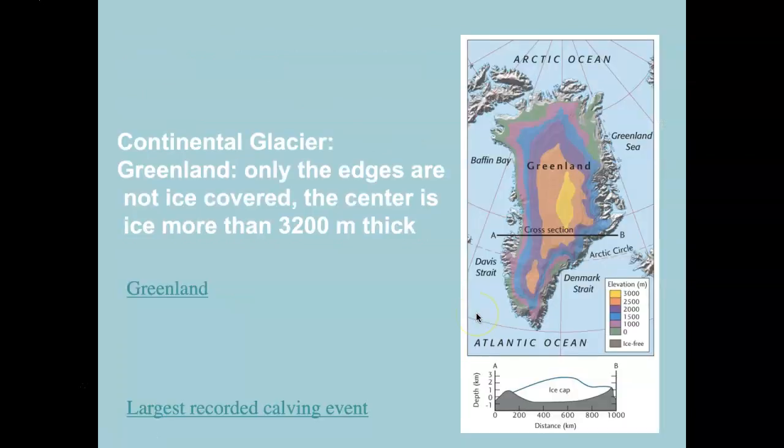Here is Greenland, and over the middle of it is a cross section from A to B. At A, we are down at sea level, and then there's a hump of mountains, and then the country has a big valley running down the middle of it, and then mountains on the other side. This large ice cap that's pushing down the continent is thick here in the middle of Greenland, almost right along the line of this yellow 3,000 meter elevation.